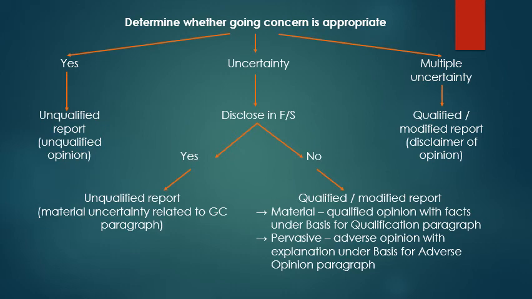However, if that uncertainty is pervasive, the auditor would in that instance issue an adverse audit opinion with an explanation under a paragraph then headed basis for adverse opinion. If multiple uncertainties exist, the auditor would then most likely issue a qualified or modified audit report with a disclaimer of opinion paragraph.